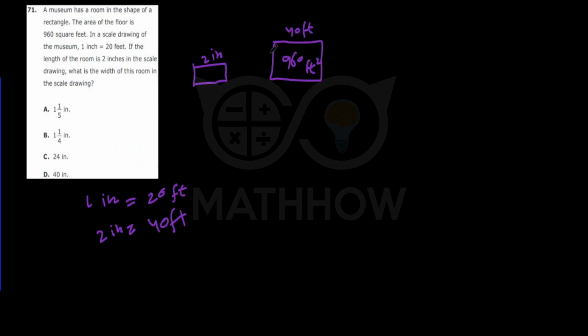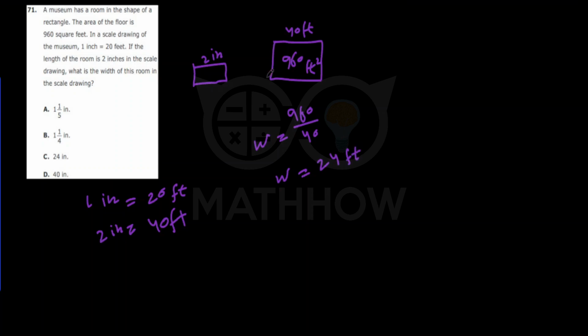The area is given. We can find the width of the room: area divided by length. The width of the actual room is 24 feet.